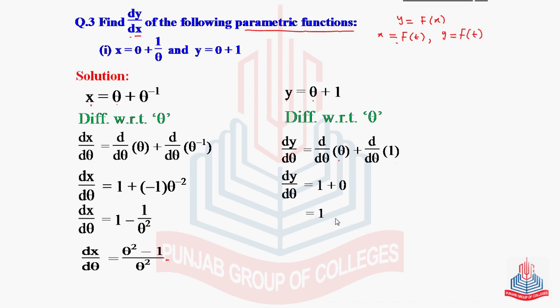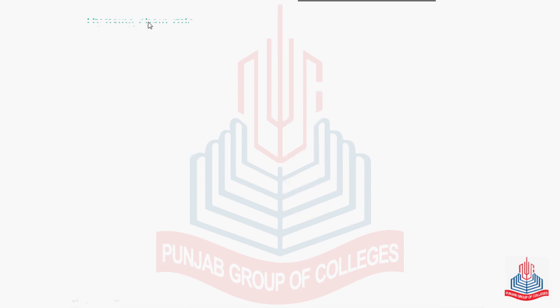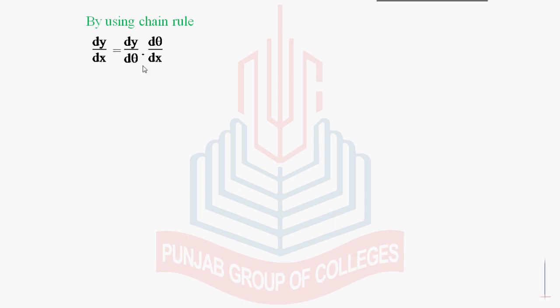Now as we calculated dy by d theta and dx by d theta from here, so by using our chain rule, we have to form dy by dx. So by using our chain rule, dy by dx is equal to dy by d theta and d theta by dx.